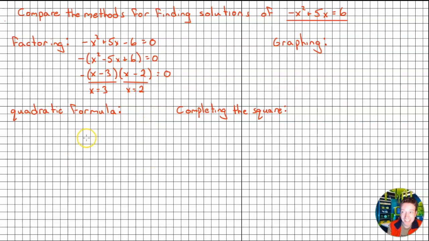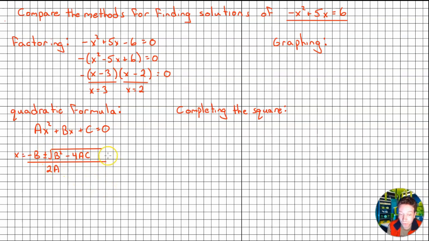The next thing is we can use the quadratic formula, where if we have standard form ax squared plus bx plus c is equal to 0, we can solve for x as equal to minus b plus or minus the square root of b squared minus 4ac, all over 2a.